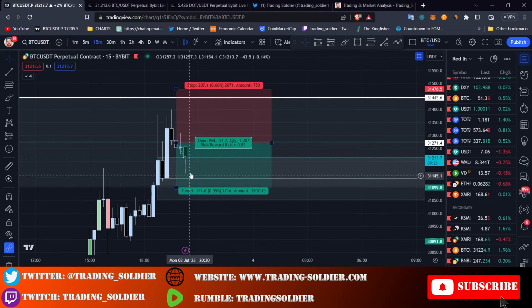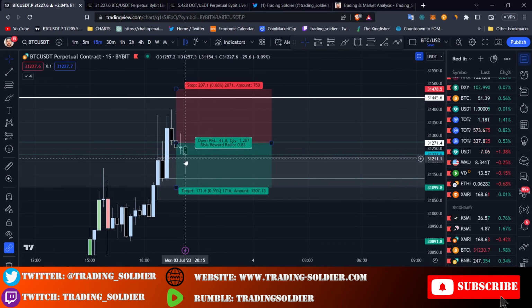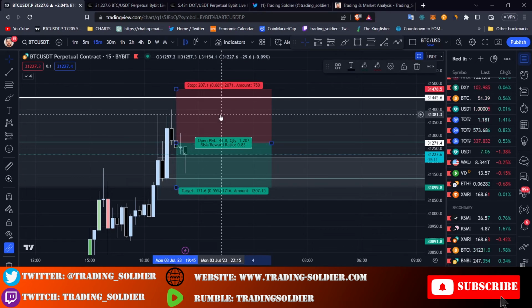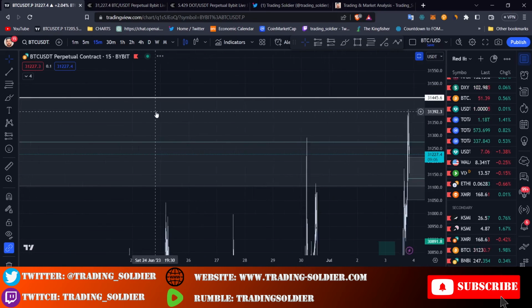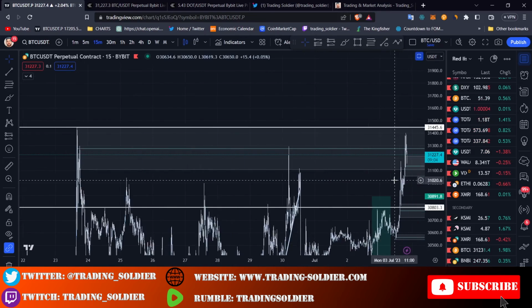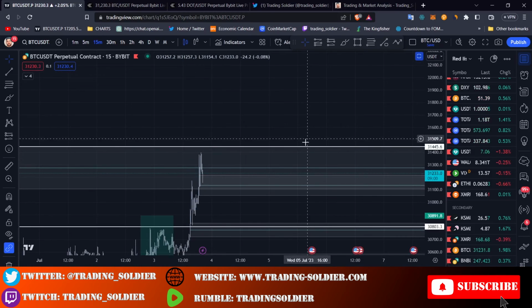As you see, now it's finding a good weak rejection here. So the price action is telling me that there are a lot of buy orders sitting in this order block that is being created, and the price is very likely to pump and invalidate this big order block that we had last week, to find new liquidity levels at higher prices.